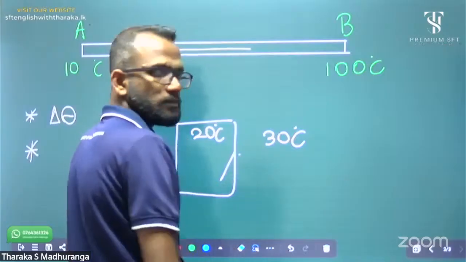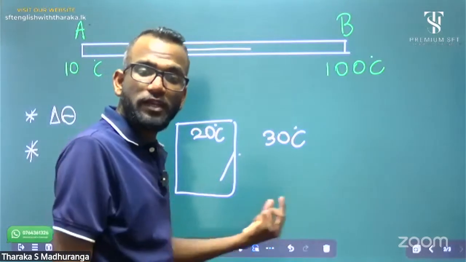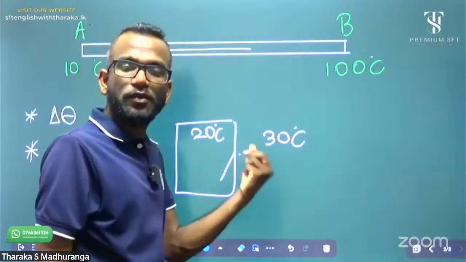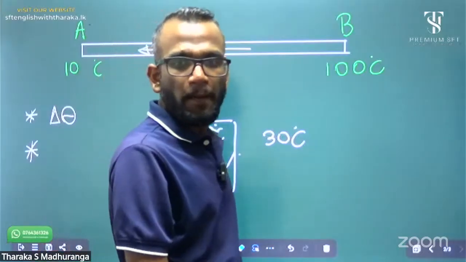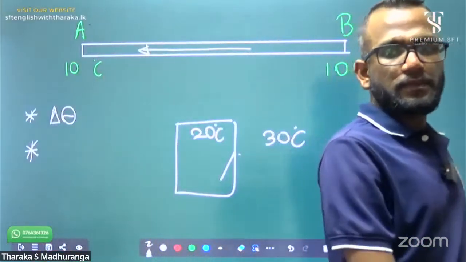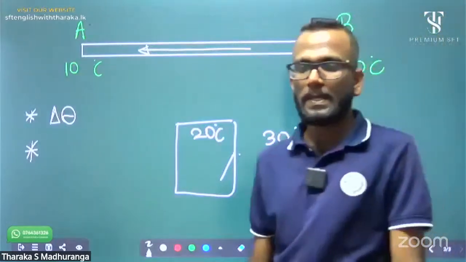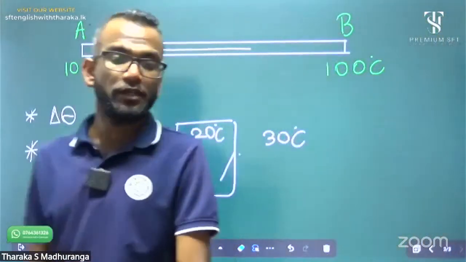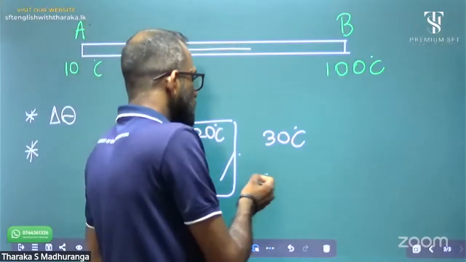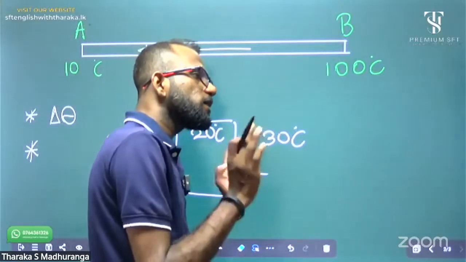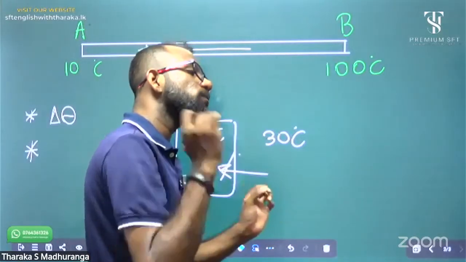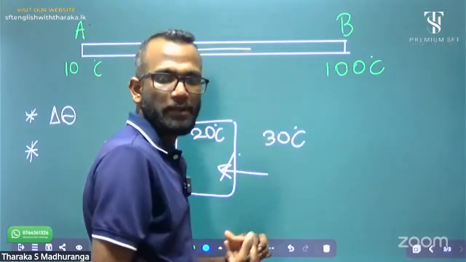If you open the door, what is the heat flowing direction? Inside to outside, or outside to in? Outside to in, always. Therefore, you have to remember that heat energy always flows from high temperature to low temperature.